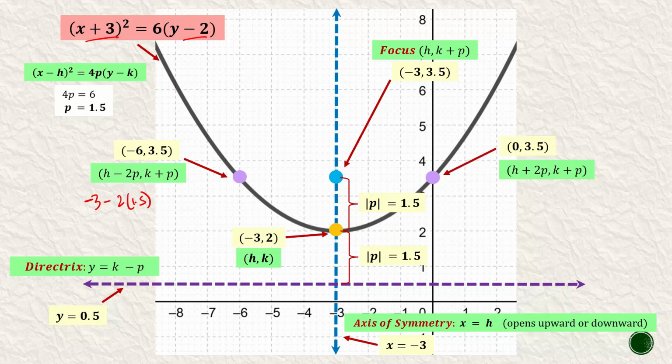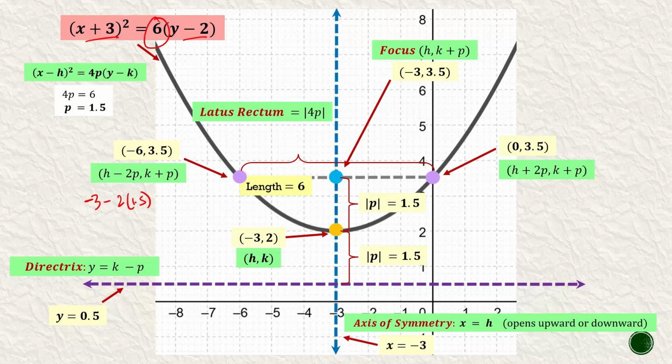Okay, so 0 and 3.5. And of course, again, I want to emphasize this. If I connect those two ends of the LR, or latus rectum, the length of that is, guess what? That is correct. We can clearly see that from the equation. That is equal to the absolute value of 4p, and that equals 6.